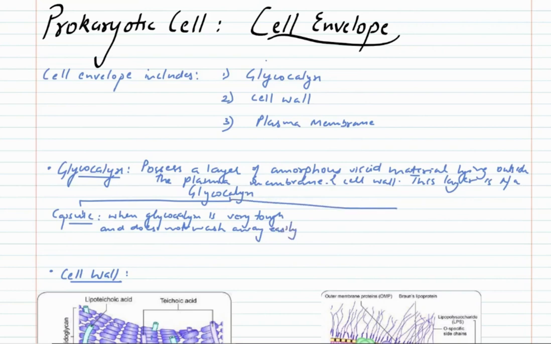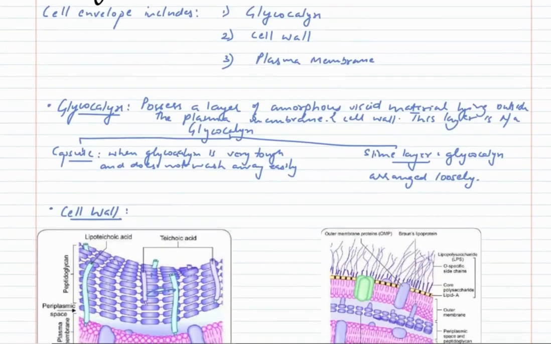And when the glycocalyx is arranged loosely, then it is known as a slime layer.